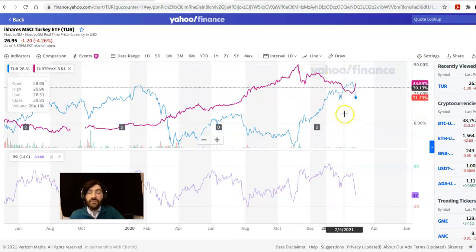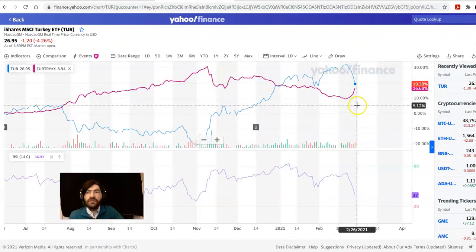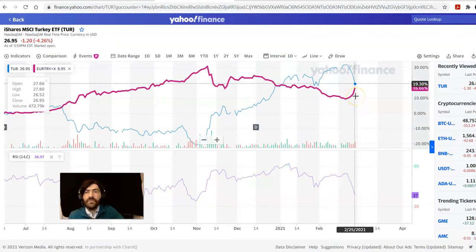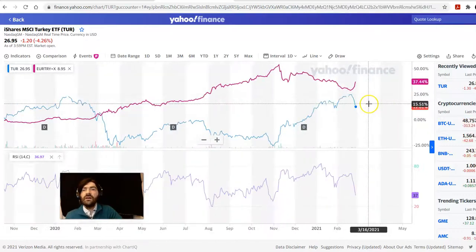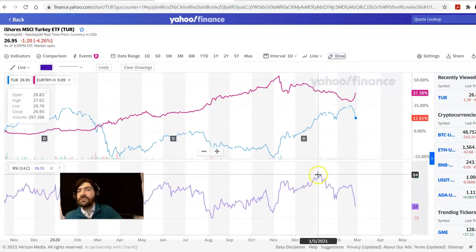And there's something more as well. Today's drop of the MSCI was significant, and that obviously gave us this steep rise in the EURTRY pair. What's significant as well is that for a few days we had something quite incredible, which is that we had a negative divergence.